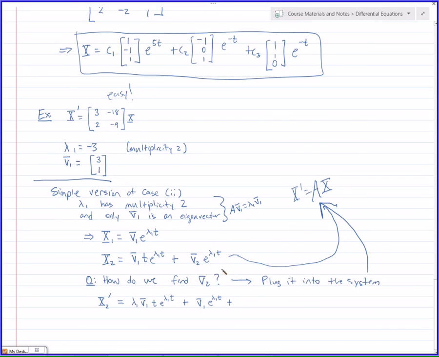Plus now the derivative of this, which would be lambda 1 v2 e to the lambda 1t. So this we set equal to a times x2, v1 t e to the lambda 1t plus v2 e to the lambda 1t.